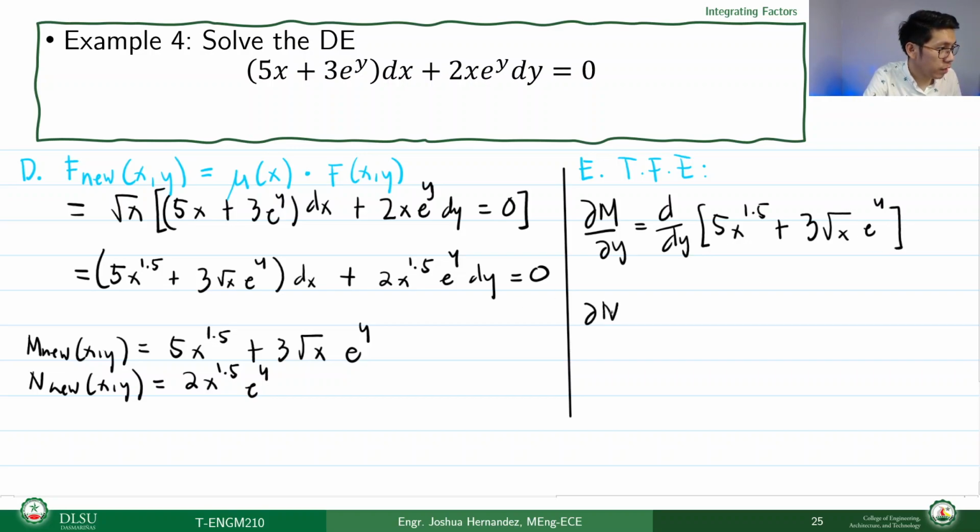Taking the partial derivative of n with respect to x, which is the derivative with respect to x of 2x raised to 1.5 e to the y.